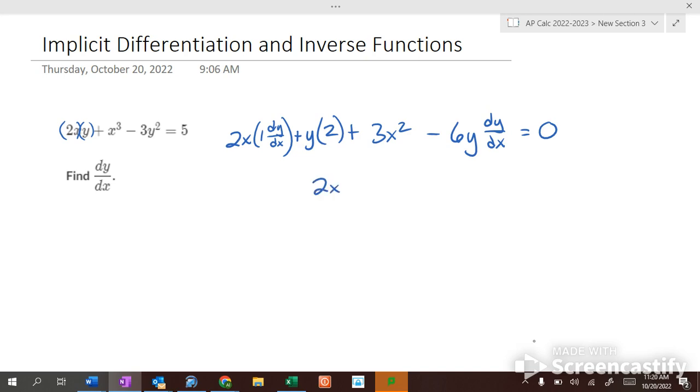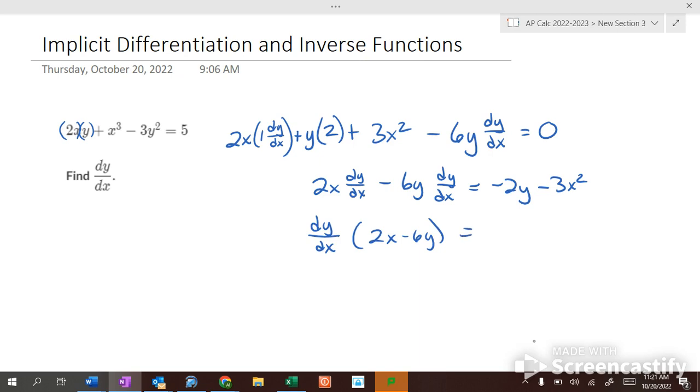So I have 2x dy dx minus 6y dy dx equals negative 2y minus 3x squared. Because if they're positive on this side, if I move them to the other side, they're negative. Now, we're going to factor out a dy dx to get 2x minus 6y.